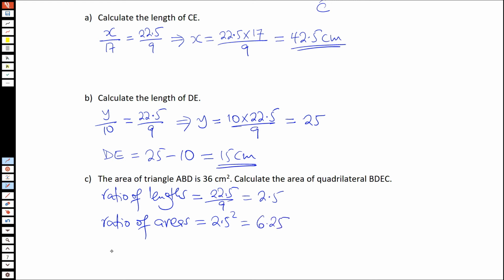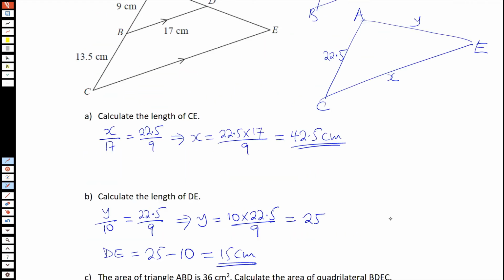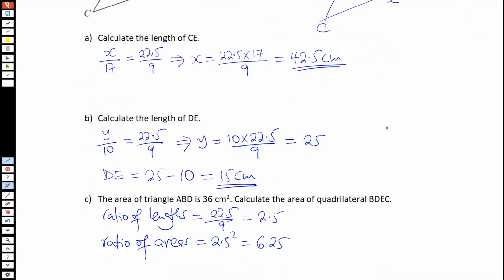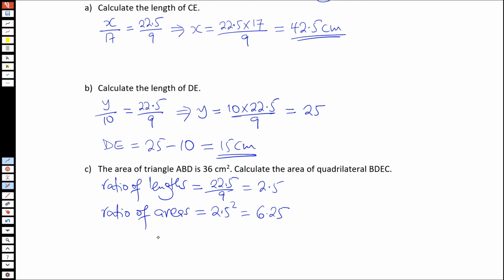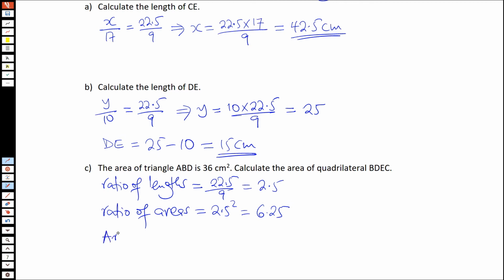So the area of the larger triangle, which is ACE, will be equal to 6.25 multiplied by the area of the smaller triangle, which is 36, and that will be 225.